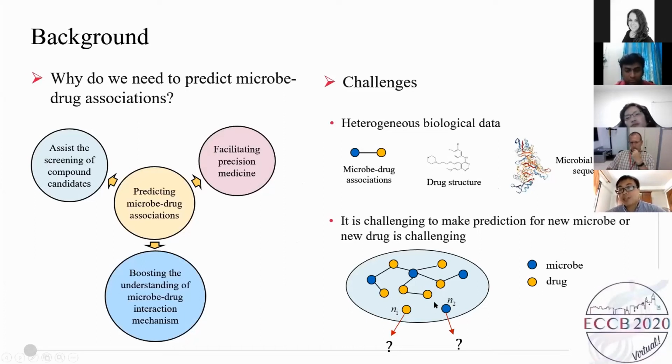We name such nodes as new nodes. They have no links connecting them to neighbors. As we have no training data for new nodes, it is very challenging for a computational model to predict the associations.